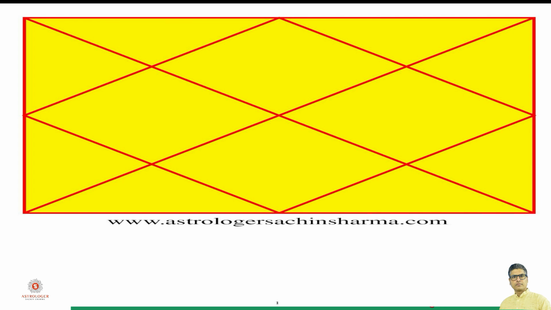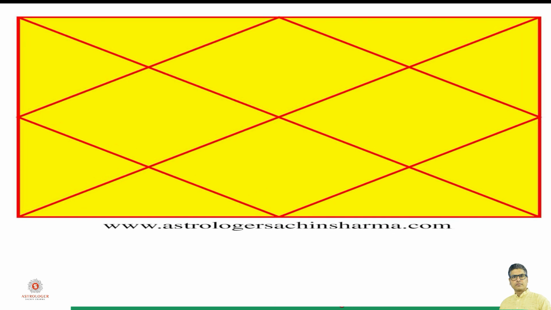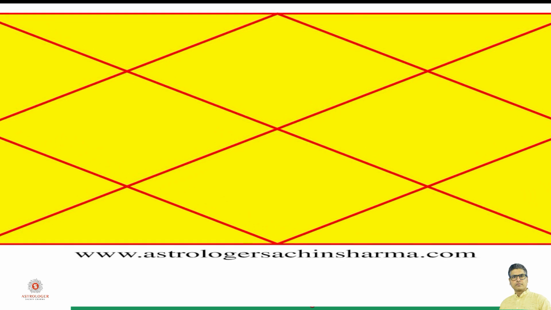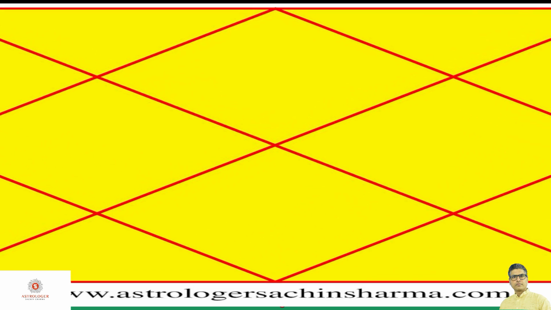So how do we start counting the houses in a birth chart? Let's discuss it now. We start counting from this house. As you can see here, this is our first house in a birth chart, and we move in a counterclockwise direction.